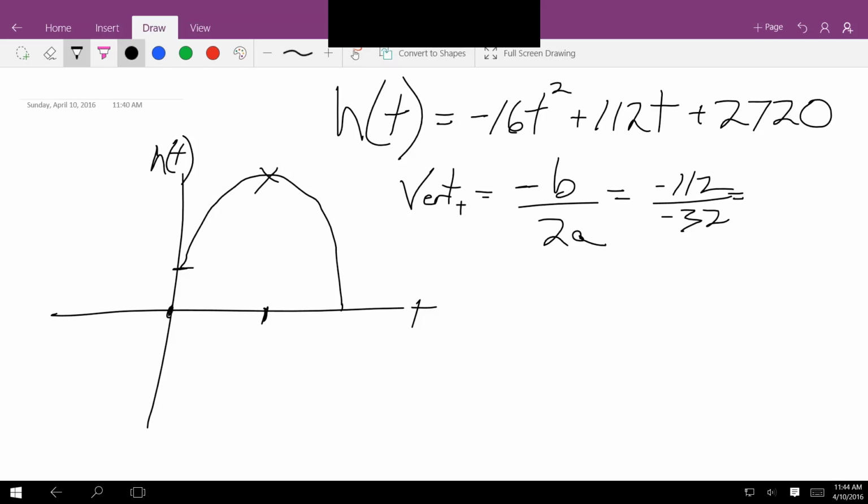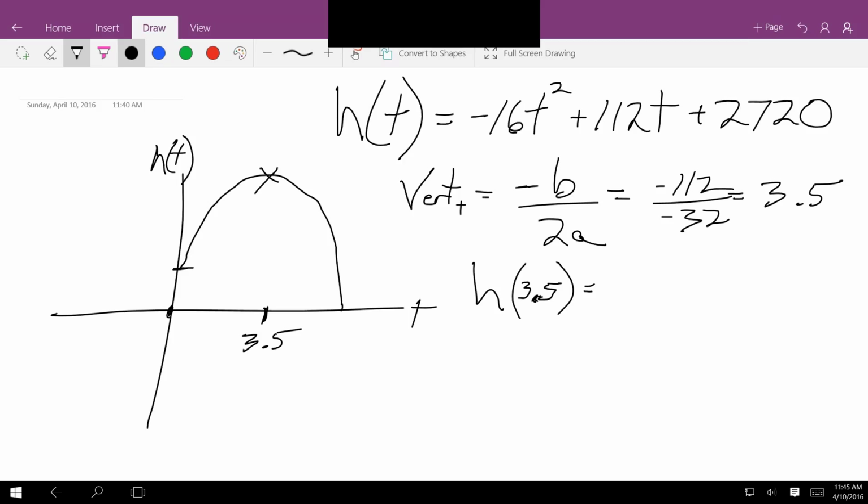You should really do these instead of me. Okay. That's positive 3.5. So, I can label that point on my curve. That's 3.5 seconds is where the height is reached after 3.5 seconds. So the question is, what is the height? Well, that means h of 3.5.